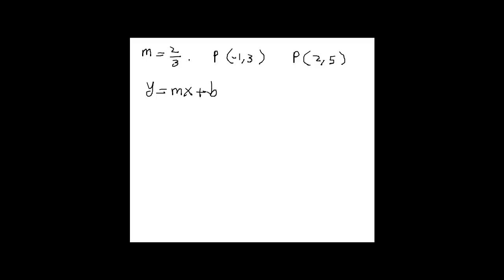Now the reason we call it slope-intercept is because m here corresponds to the slope, and this number b corresponds to the y-intercept, where your line passes through the y-axis. So that's why we call it the slope-intercept formula.